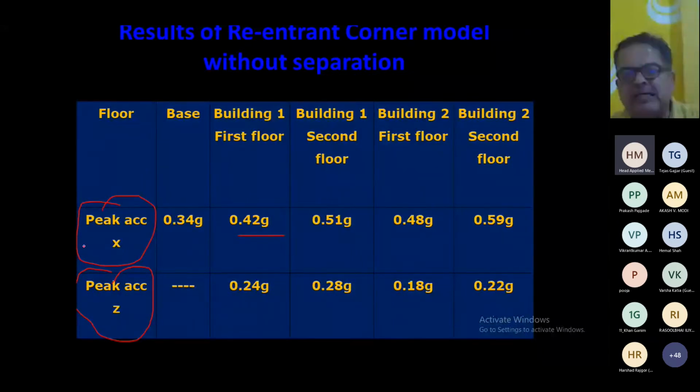Because the torsion is induced. When the torsion is induced, you get the acceleration in both directions, right? The x is the principal direction, so you get the higher acceleration in this direction, and in the other horizontal direction, z, which is not the main direction, you get a lesser acceleration, right?